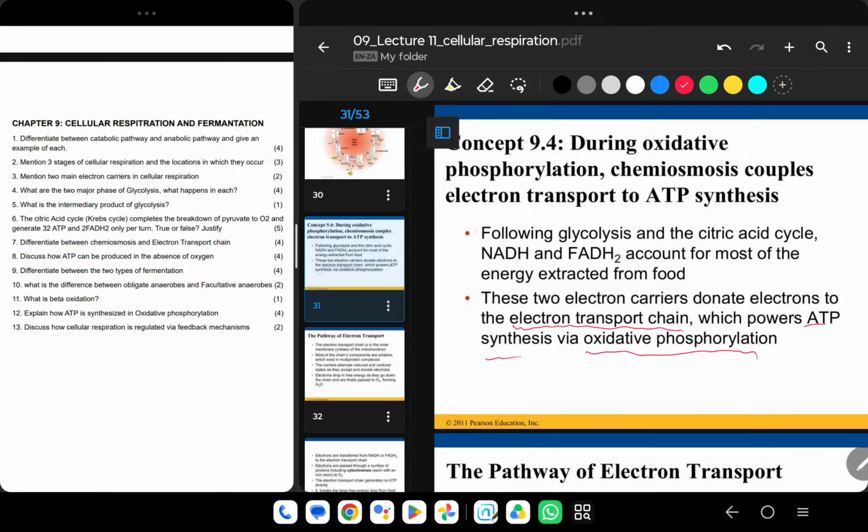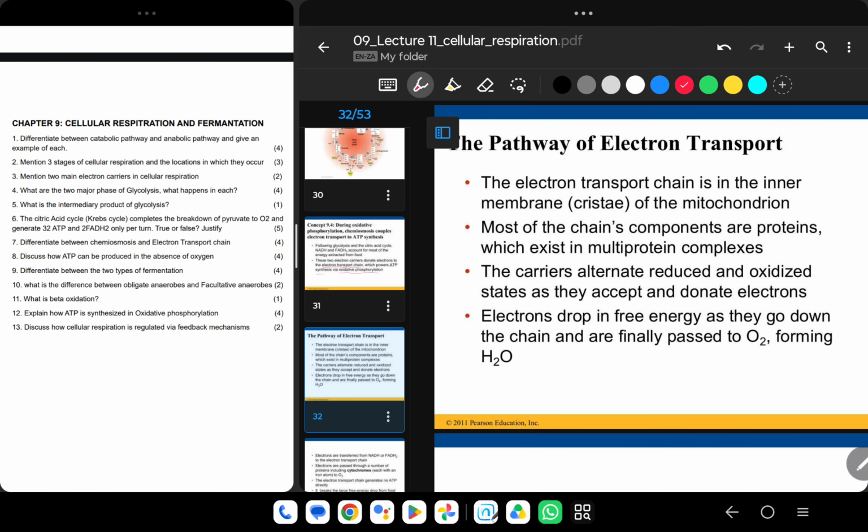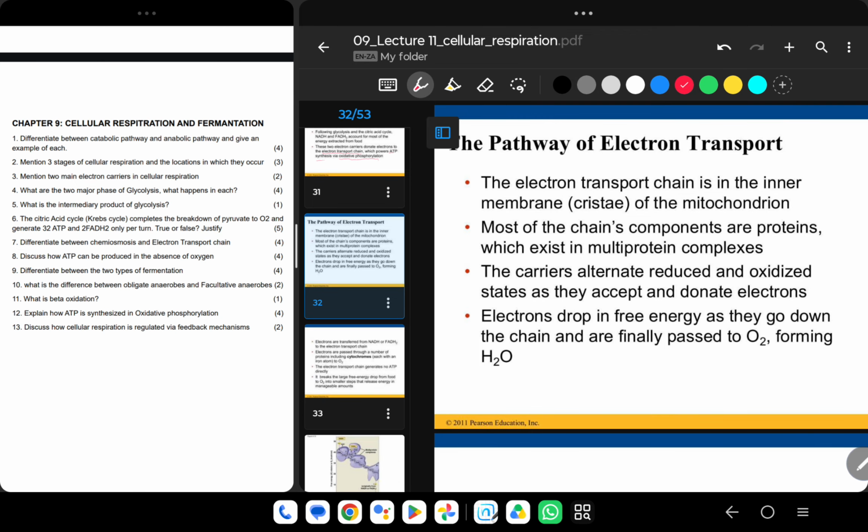In the electron transport chain, electrons drop in free energy as they go down the chain and are finally passed to oxygen, forming H2O. So during the pathway, this is an important part that you can use for differentiating.